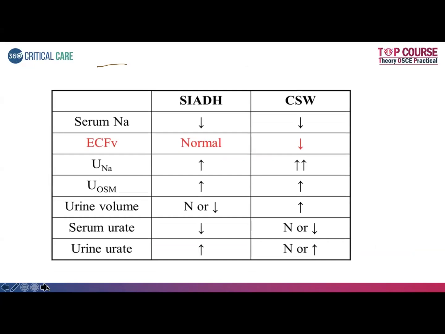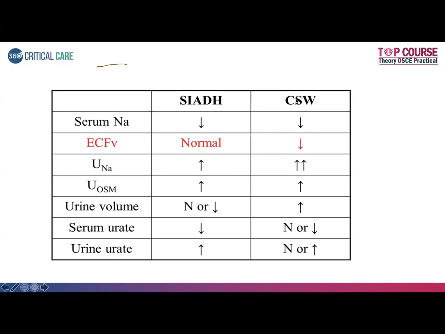How can you differentiate between SIADH and cerebral salt wasting? The main clinical difference that you can appreciate between SIADH and cerebral salt wasting is that the patient will be hypovolemic, whereas in SIADH, patients will be euvolemic. Okay, the urine output will be very, very high.